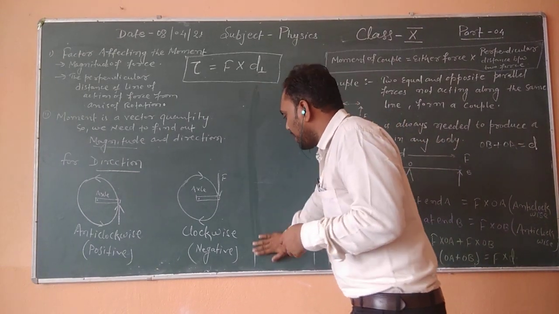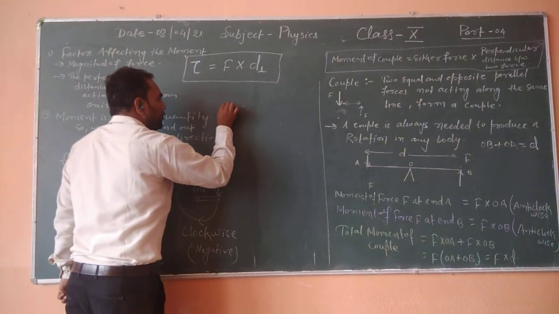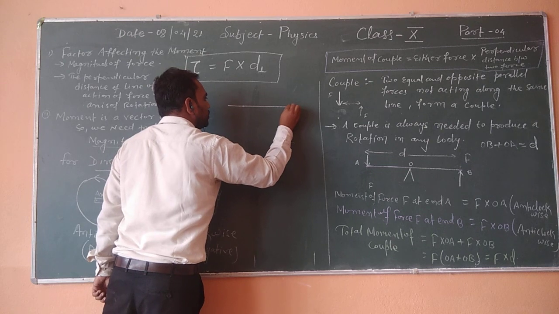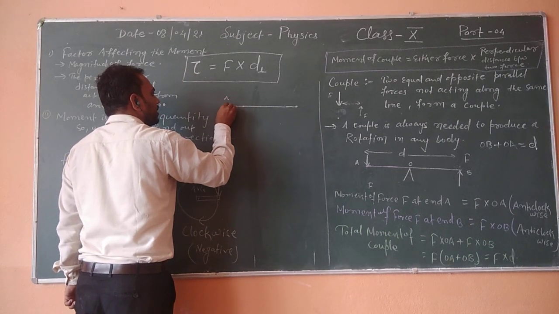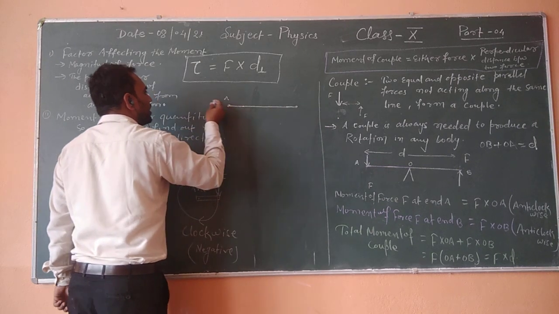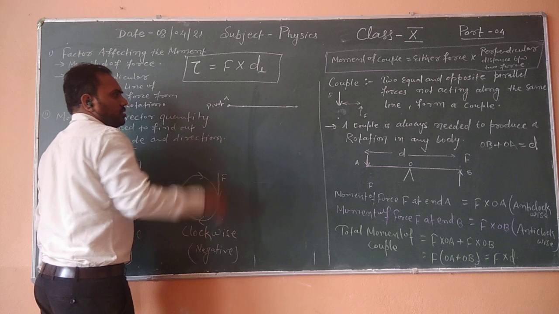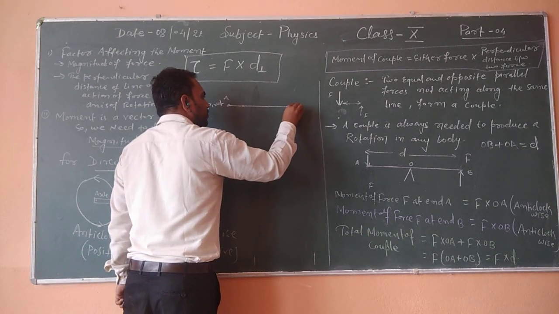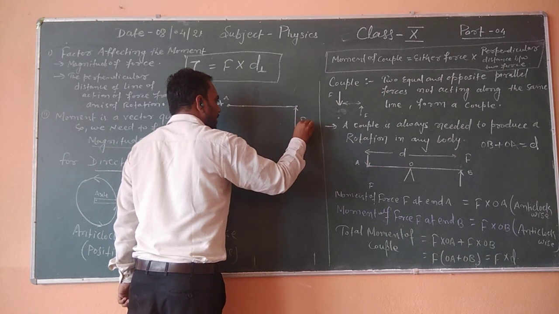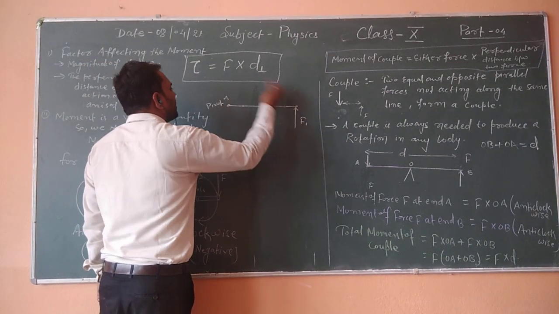For example, I am explaining that with an example. If there is a rod which is hinged at A, hinged means pivoted, means fixed, and I am applying some force F1 here, then definitely it will rotate.